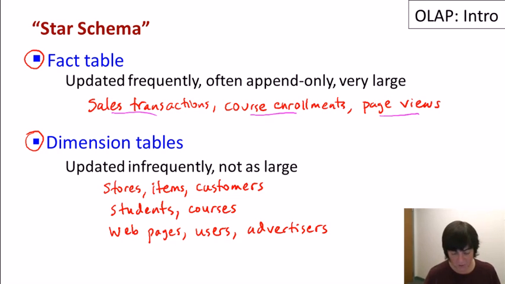Examples of dimension tables might be in a sales database, stores, items, and customers, in a college enrollment database, maybe students and courses, in a web application, maybe web pages, users, and advertisers. So you can see that these are generally smaller tables. They're more stable. They're not updated as frequently. You can sort of think of dimension tables as things in the real world, and then fact tables as logging things that happened. It's not always divided this way, but it's not a bad approximation.